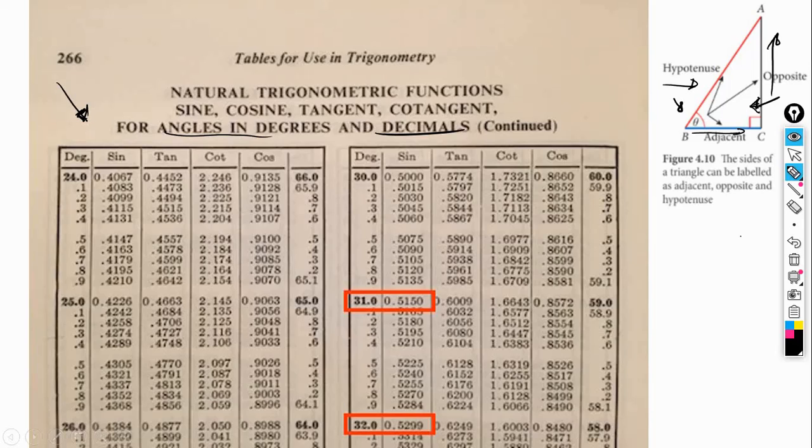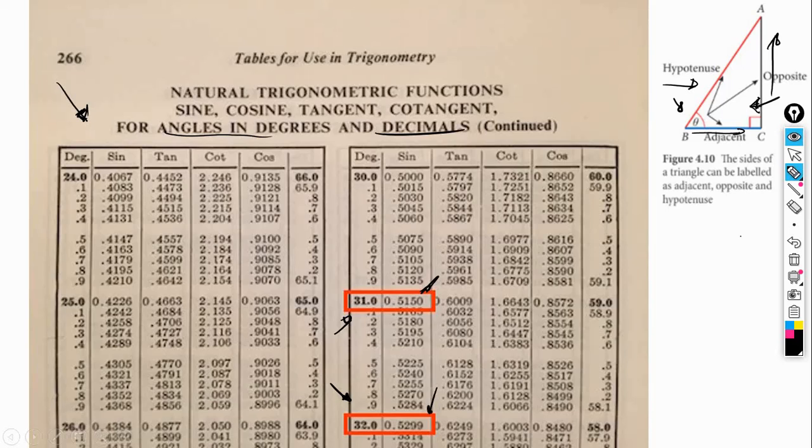So that means that you could create a table, and that's what they did, probably as far back as the Babylonians. So notice here in this illustration, we have that the sine of 31 degrees is 0.5150. And you also have the example of 32 degrees where the sine is 0.5299, as we can see here.